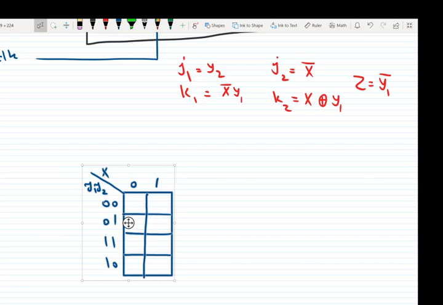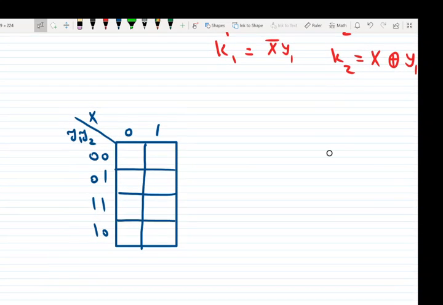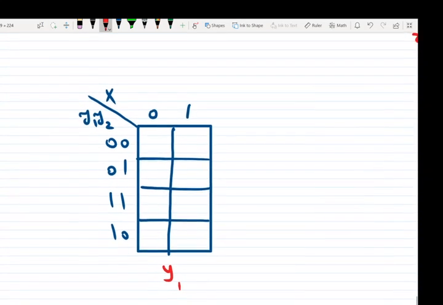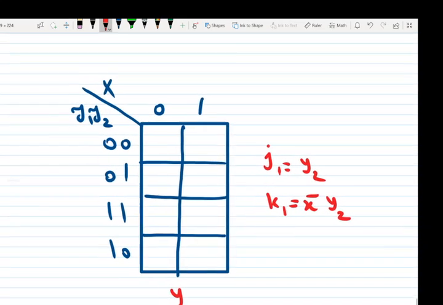So again, paste this table here for y1, and as I mentioned, we know that j1 is equal to y2 and k1 is equal to x bar y2, so we can easily fill this table.